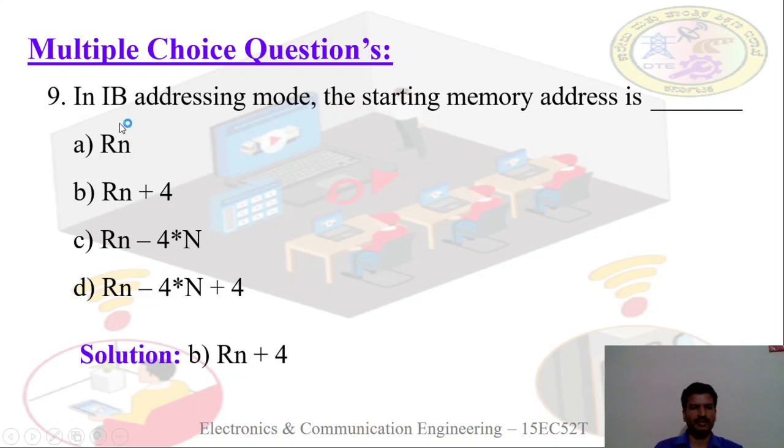What is IB? I means increment address by 4, B means before load or store. It first increments the address by 4, then loads or stores. So the starting address is the base register value plus 4, before the load or store. So Rn plus 4.